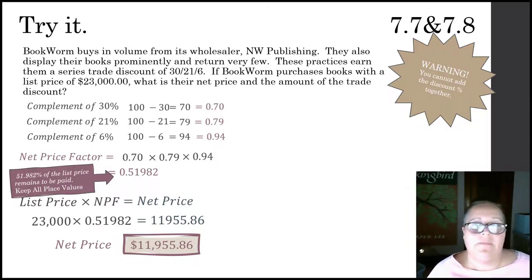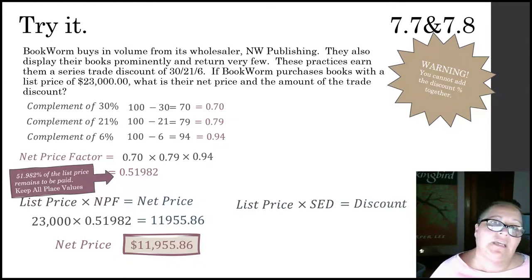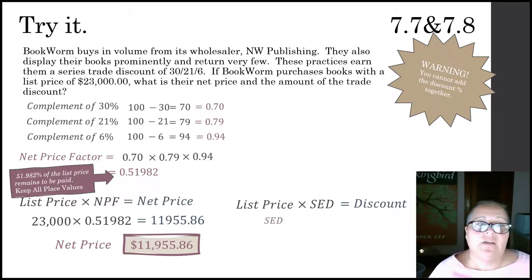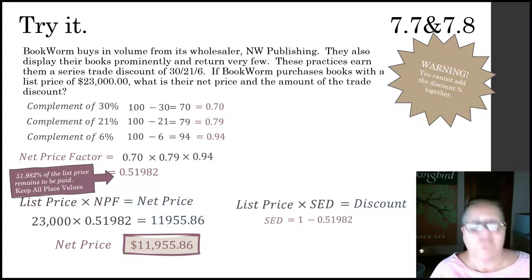Now, that's not the only way to do this. There is an alternate method. I can take the list price times the single equivalent discount. That should give me the discount amount. Keep in mind that the single equivalent discount is 1 minus your net price factor. Net price factor and single equivalent discount have to add up to 100% of your price.